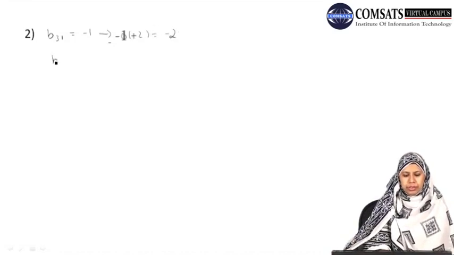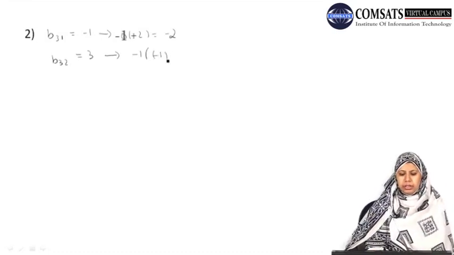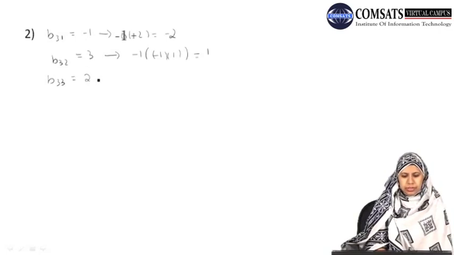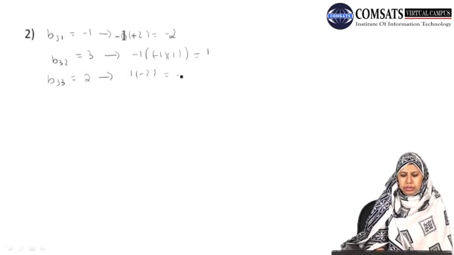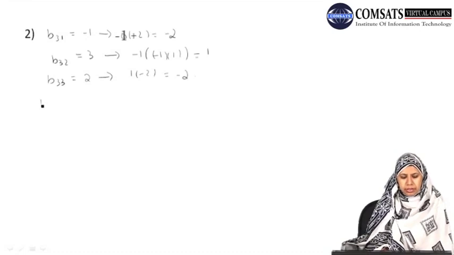Okay, the cofactor with respect to the entry B32, which is equal to 3, will be -1 into 1, which is equal to -1. The cofactor for the entry B33, which is 2 itself, the number associated will be 1 into -2 is -2.